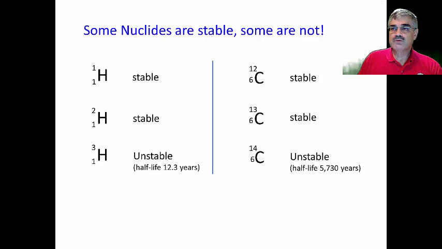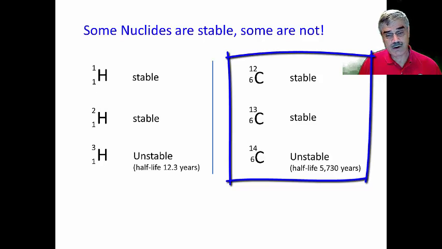And there's one called tritium, or H3, and it is unstable. Tritium will undergo a spontaneous nuclear reaction. This reaction takes a long time. It has what we call a half-life of 12.3 years, so it's not reacting very rapidly. We'll talk about what we mean by half-lives in the next lesson.